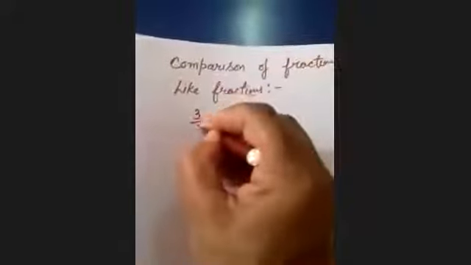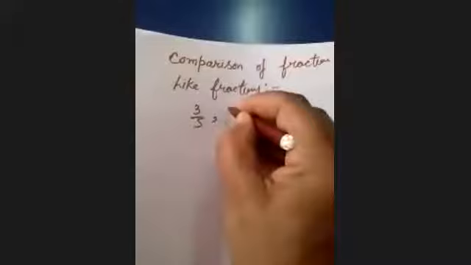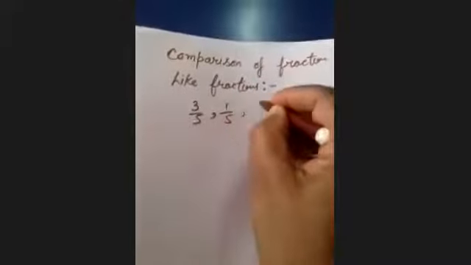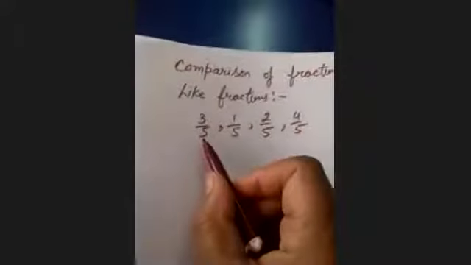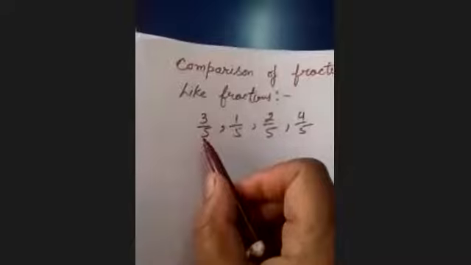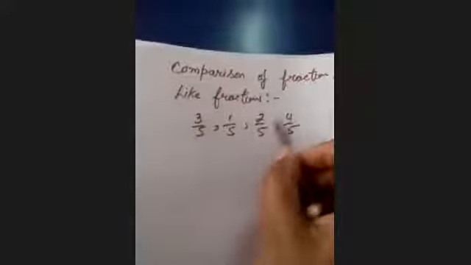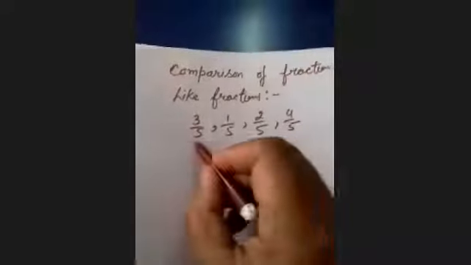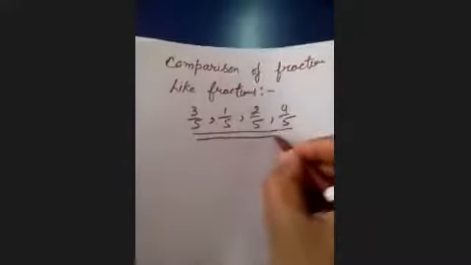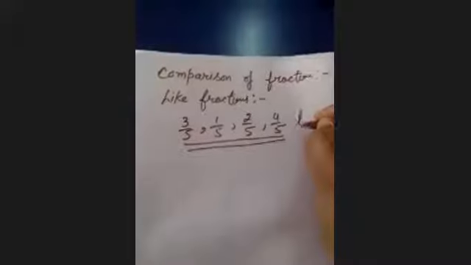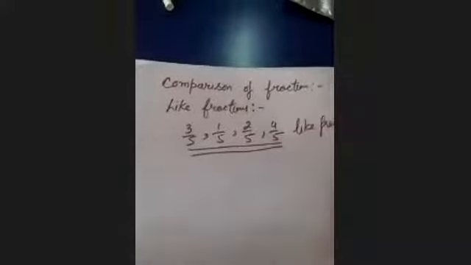For example, 3 upon 5, 1 upon 5, 2 upon 5, 4 upon 5. Now you can see the denominator is 5. These fraction numbers are all like fractions.